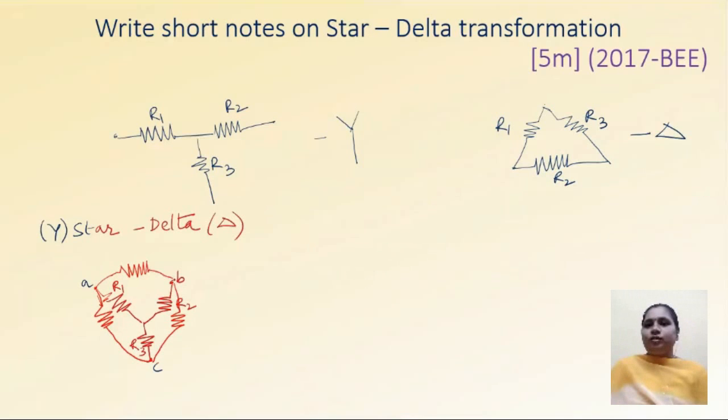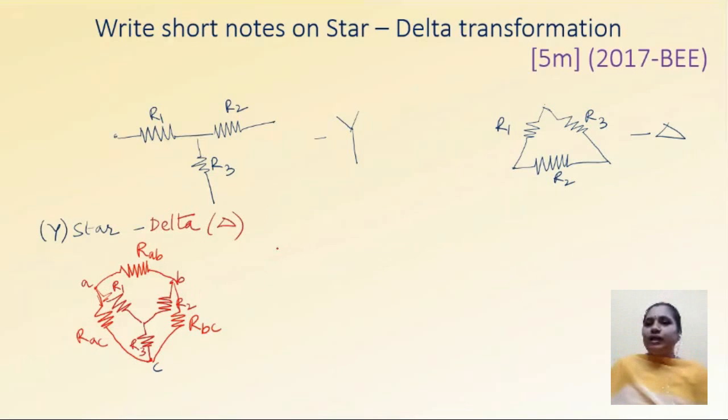So this is a delta connection. The resistor between points A and B, let it be RAB. Resistor between A and C, let it be RAC. Resistor between B and C, let it be RBC. So to convert a star into delta, if you observe a star point, there are connections of two resistors.